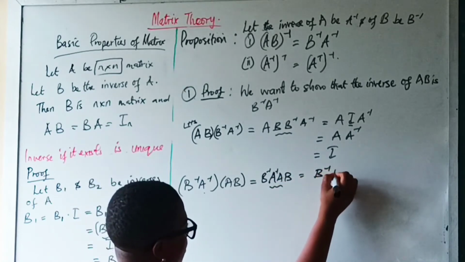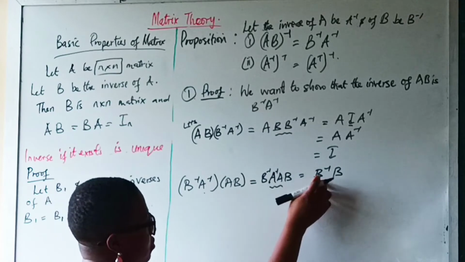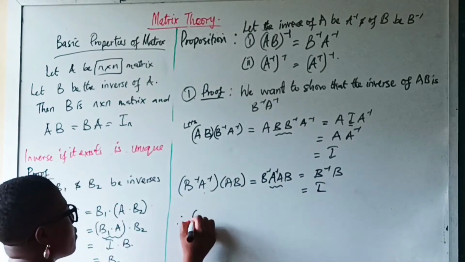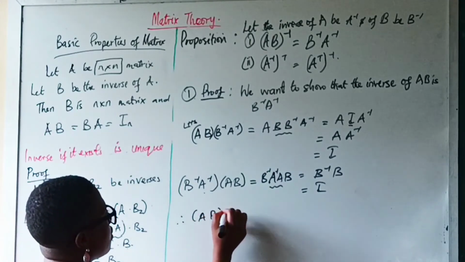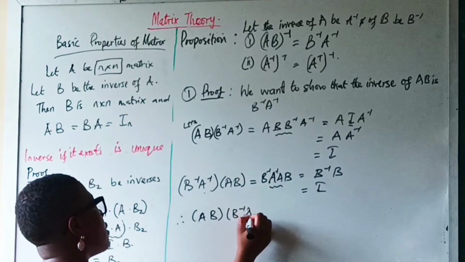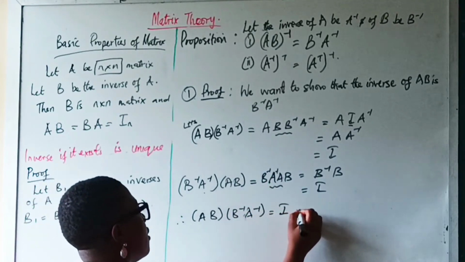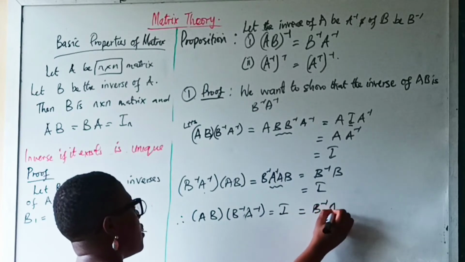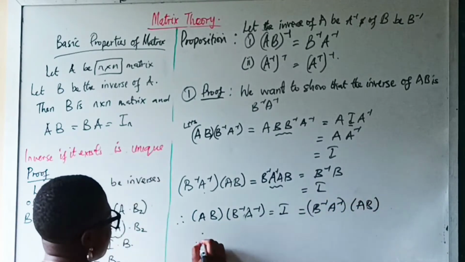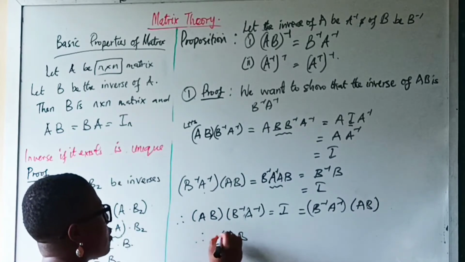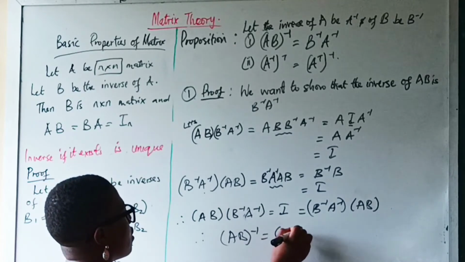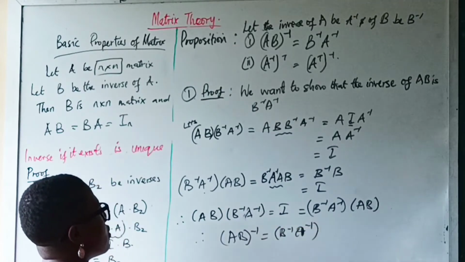We have B inverse B, because this is I. And then this is equal to I. Therefore, AB times B inverse A inverse is equal to I is equal to B inverse A inverse times AB. Therefore, the inverse of AB is equal to B inverse A inverse.